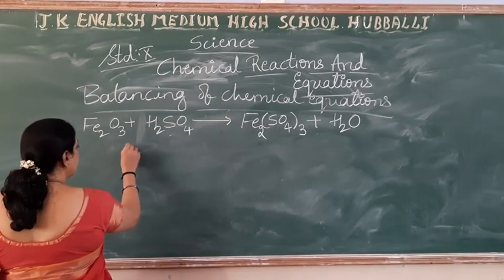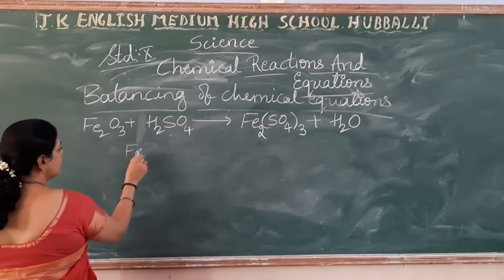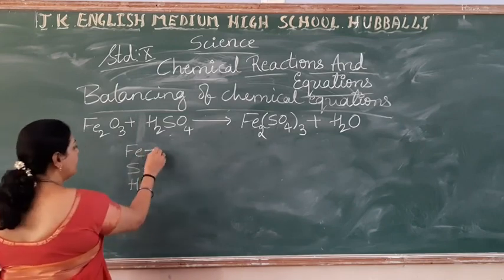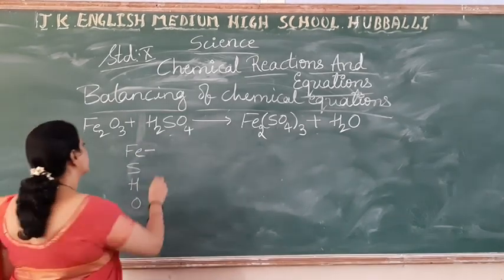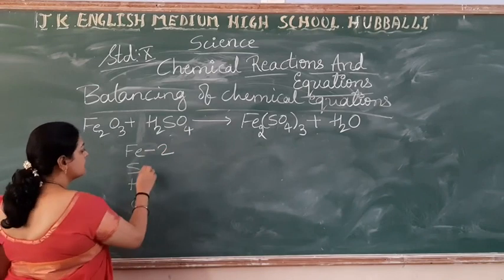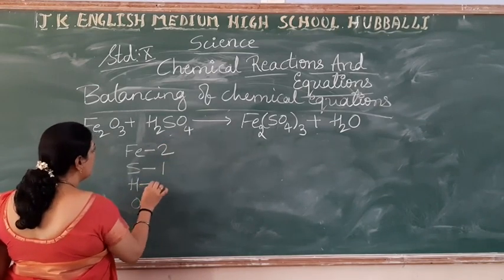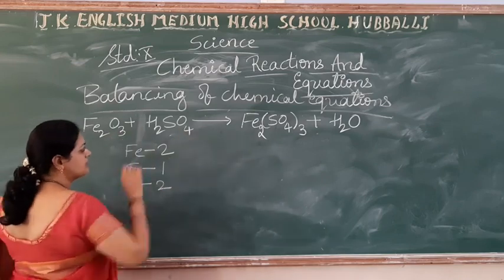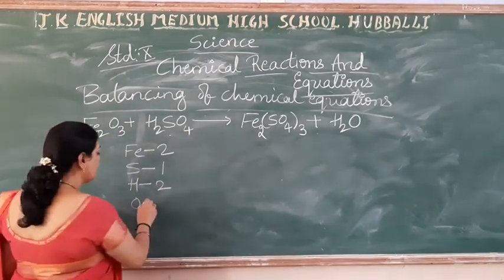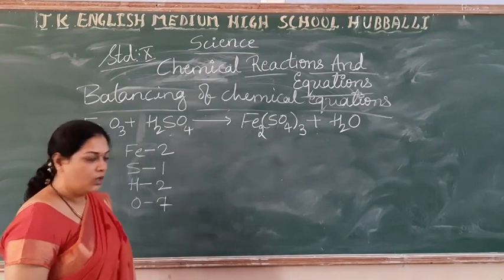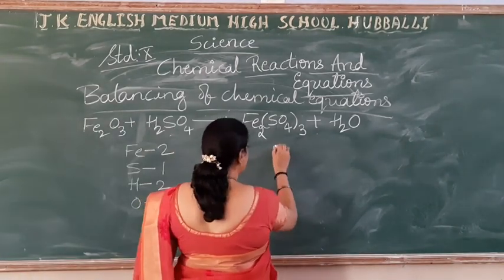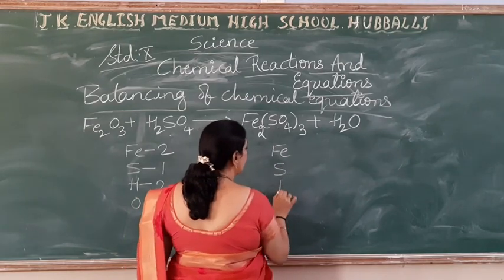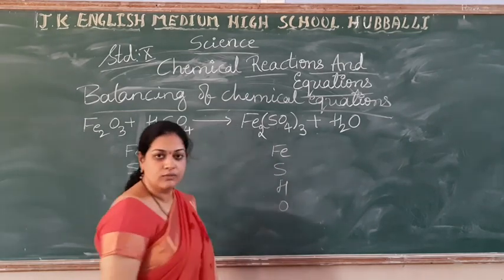You have to check the elements: Fe, sulfur, hydrogen, oxygen. How many iron are present here? 2, sulfur 1, hydrogen 2, oxygen 3 plus 4, means 7. Okay. Coming to the product side. First write the name of the elements: iron, sulfur, hydrogen, oxygen.